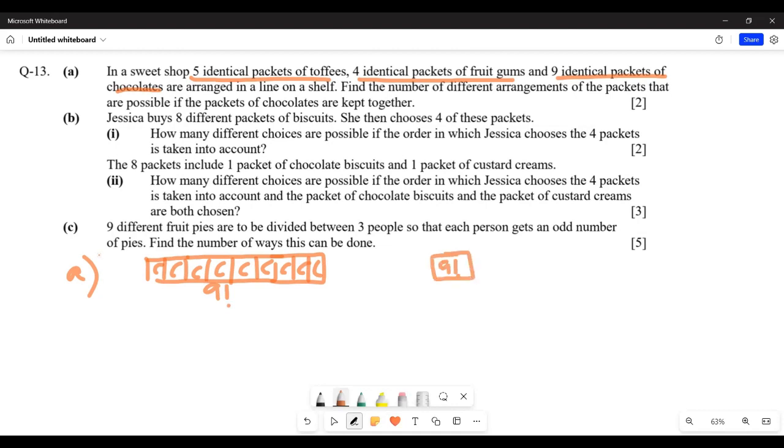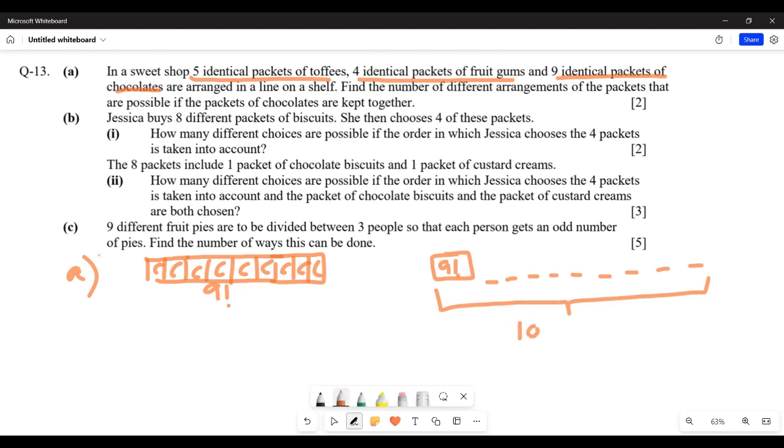And there are 5 toffees and 4 fruit gums. So 1, 2, 3, 4, 5. 1, 2, 3, 4. Now we have to arrange these. So that's 4 plus 5 plus 1. So that's 10 spots for 10 candies.